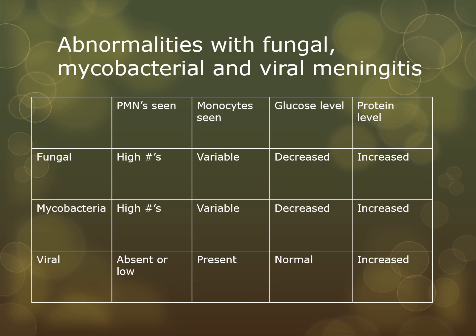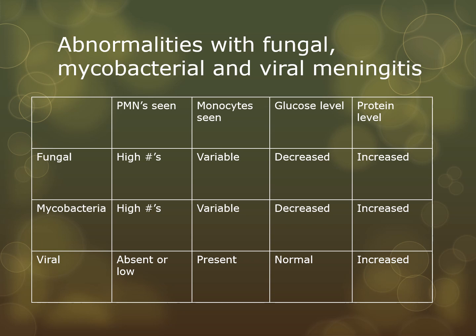Now, monocytes, sometimes you can see them in fungal or mycobacterial infections, but usually you see them more present in viral infections. If you have a fungal or mycobacterial infection, the glucose level is going to be decreased, but in a viral type of situation, it's going to be normal, okay?